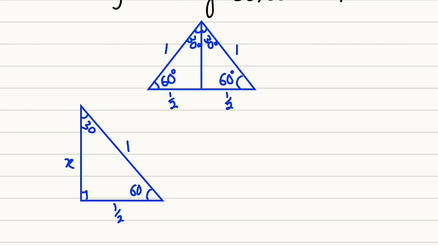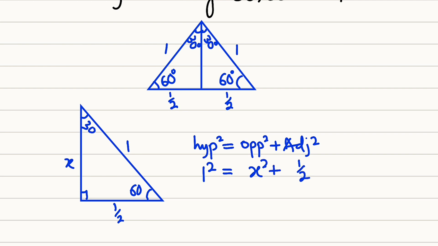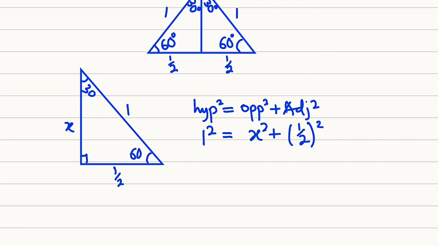Remember that Pythagoras rule stated that hypotenuse squared is equal to the opposite squared plus the adjacent squared. And hypotenuse is the longest side, which we have as 1 here. Talking about this angle 60 degrees, this is said to be the opposite and this is the adjacent. So we have 1 squared equal to x squared plus 1 over 2 squared. 1 equal to x squared plus 1 over 4.